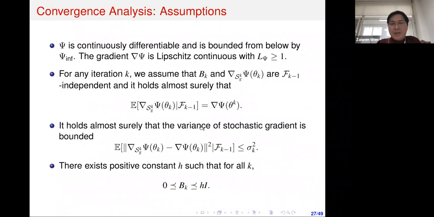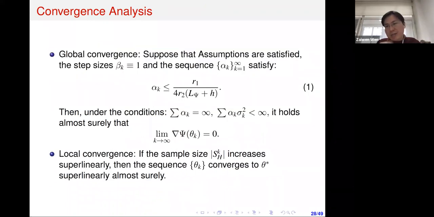So let me show you some convergence analysis. Of course, we have to add some assumptions. First, the stochastic gradient is unbiased, and the variance of the stochastic gradient is bounded. And we assume B_k is positive semi-definite. Of course, this is a very strong assumption, but it holds, for example, in the quasi-Newton case.